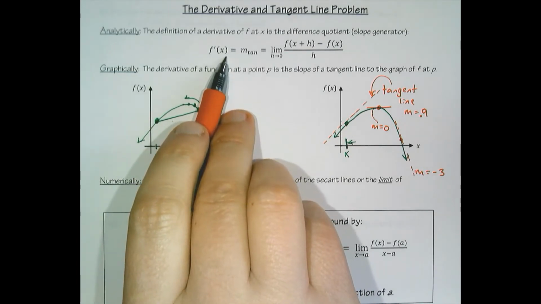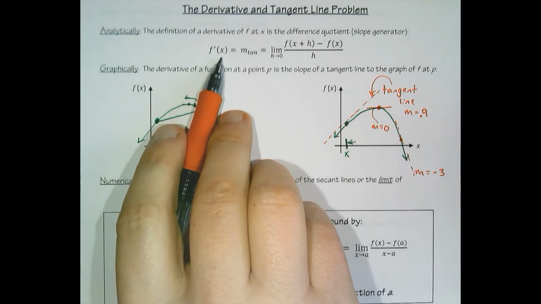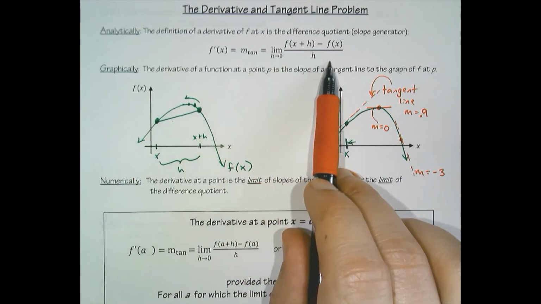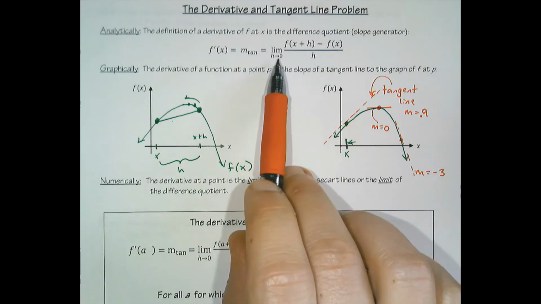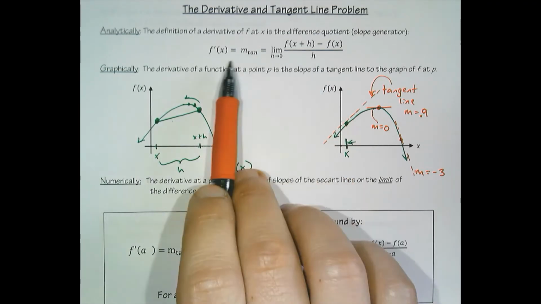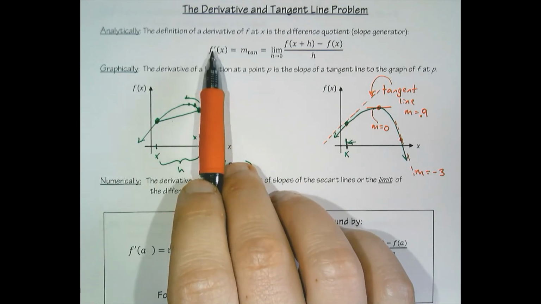And we're going to be doing a lot of work in calculus class involving the derivative. So this is the formal definition of the derivative. It's a limiting process on the difference quotient. Okay? The derivative is the function that models slope.